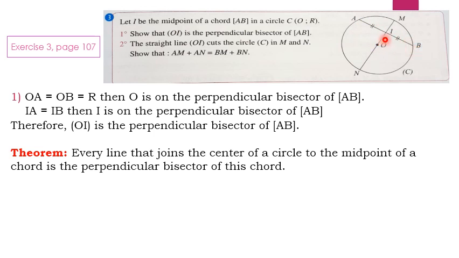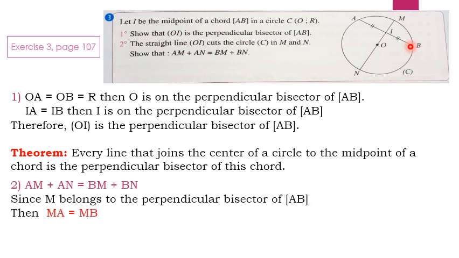This line MN or OI or MO or IN, we can name it in different ways, joins the center of the circle to the midpoint of the segment AB. Then I can say that MN is the perpendicular bisector of AB.